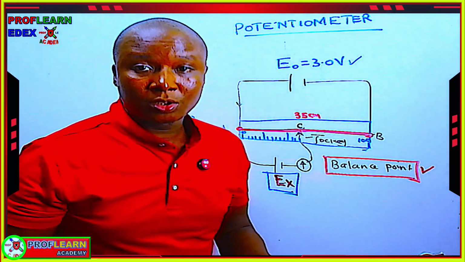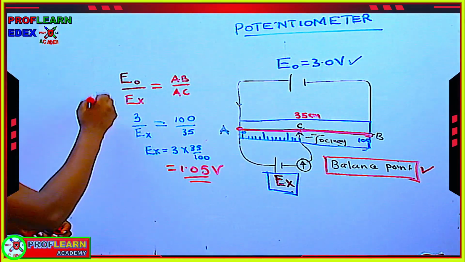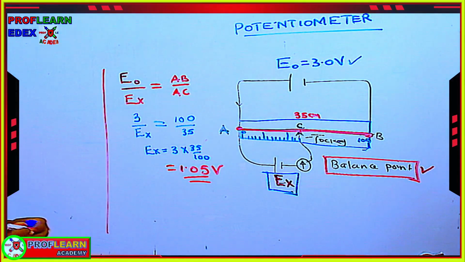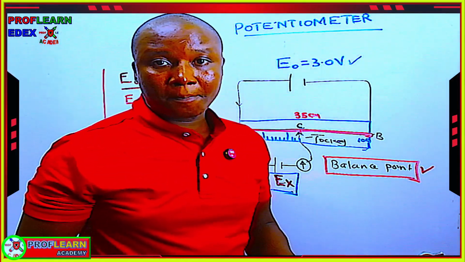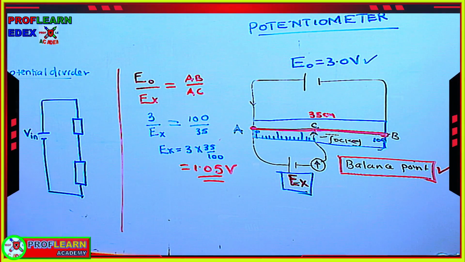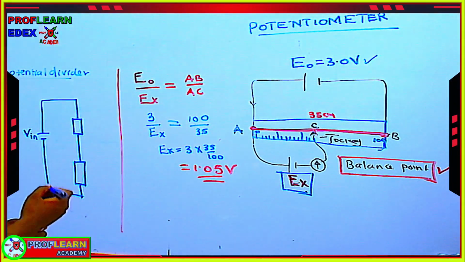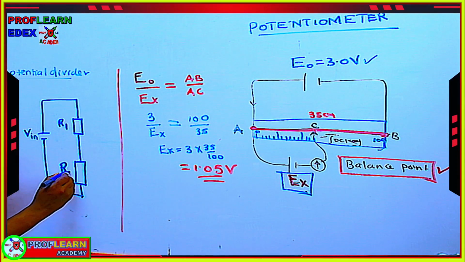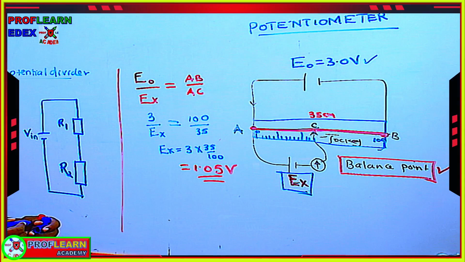Another concept that you need to understand for physics is the concept of a potential divider. Our V in is the input voltage. Then here we have our R1 and resistor 2.